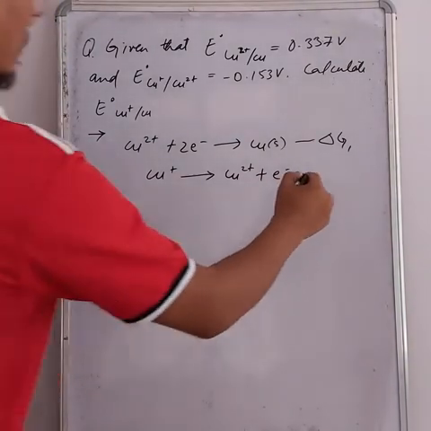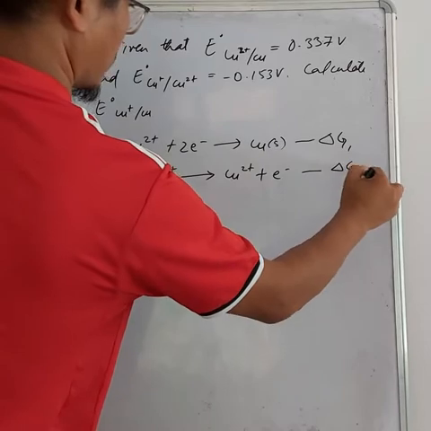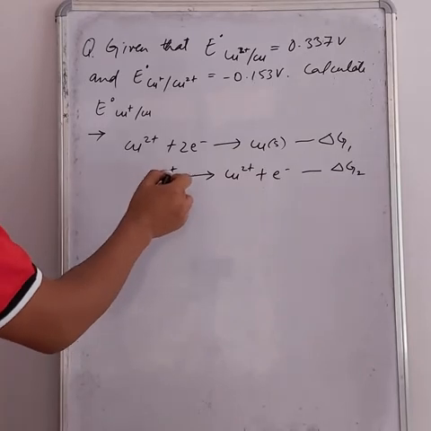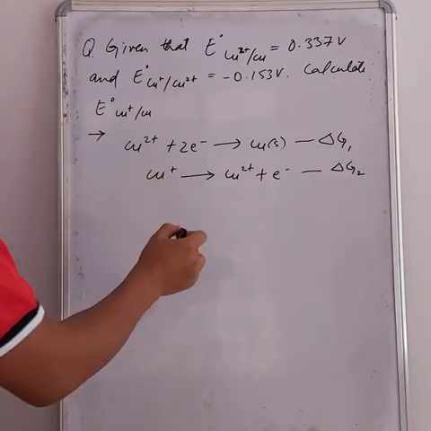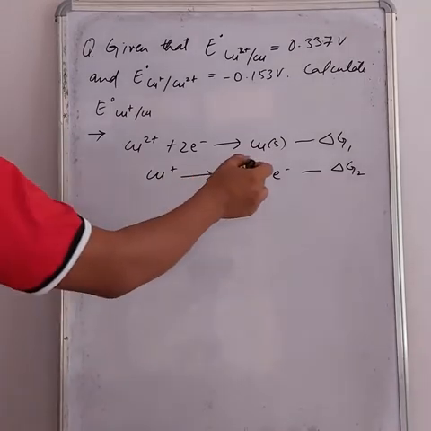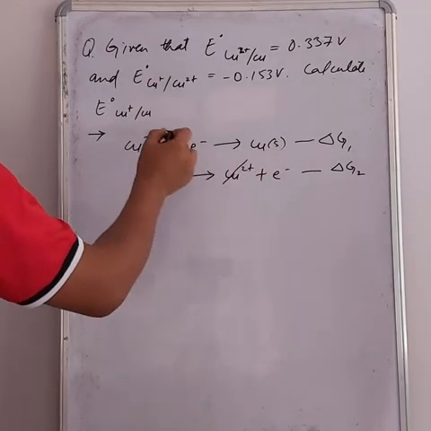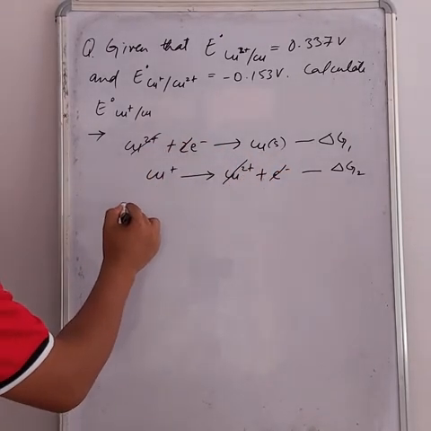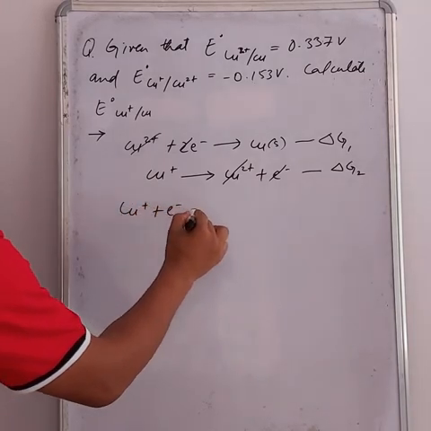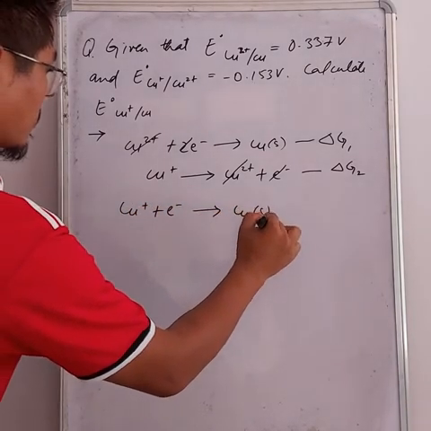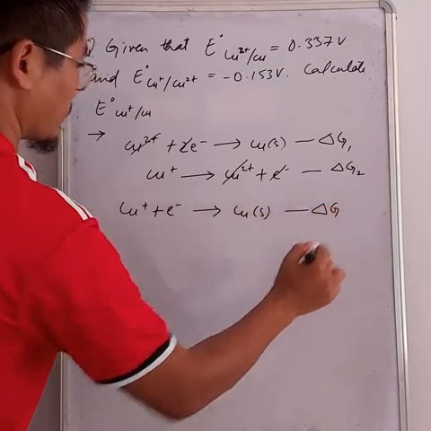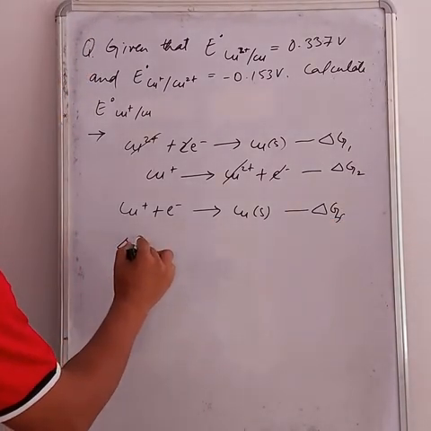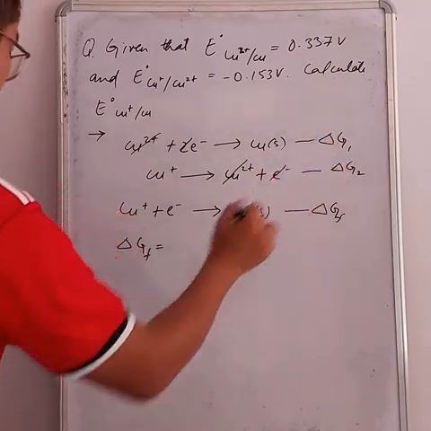So this is our second Gibbs energy change. Now if we add this to the first Gibbs energy, this electron cancels out, and the remaining is copper plus 1 electron, giving us copper solid. So this is our final Gibbs energy change. So the final Gibbs energy change is nothing but the addition of these two.